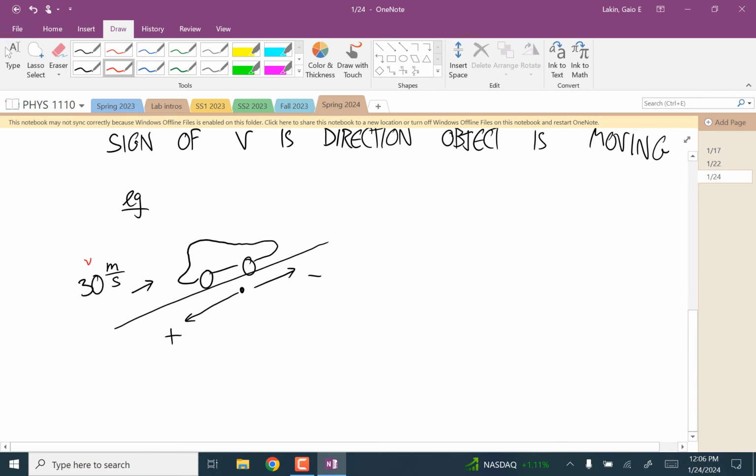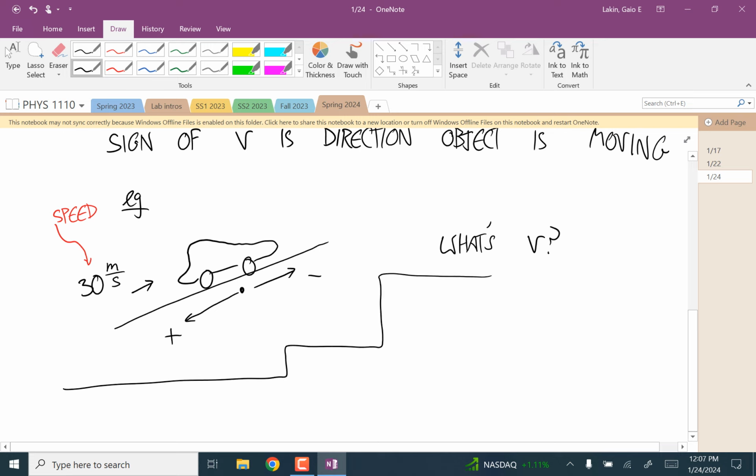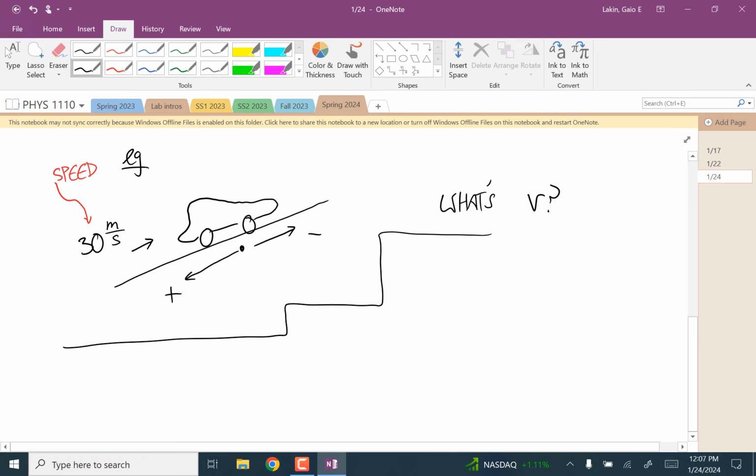So this is the speed, that's what its speedometer says. And we want to know what's the velocity. Well, the velocity is plus or minus the speed, 30 meters per second. And now you have to think about the direction. Is the car moving in the positive or negative direction in this case? Negative. And so the velocity is negative 30 meters per second.